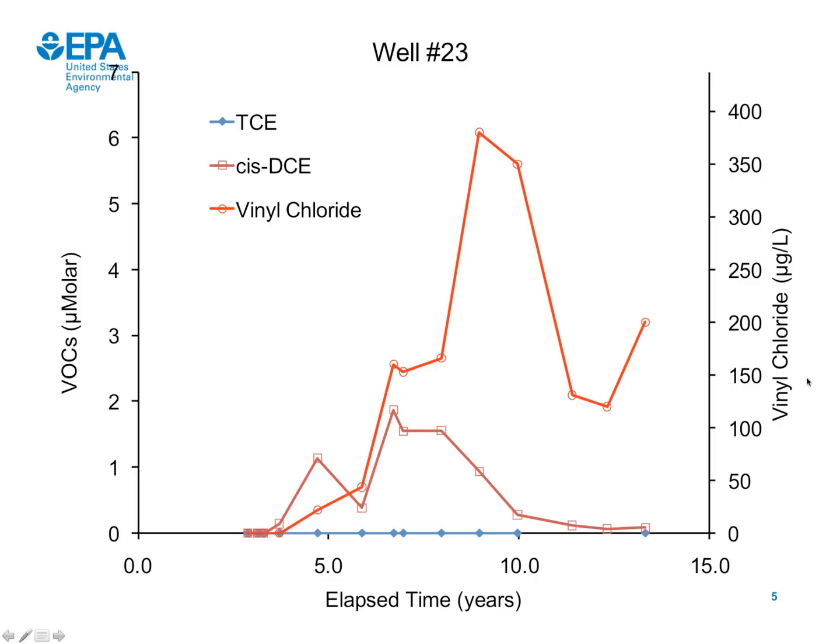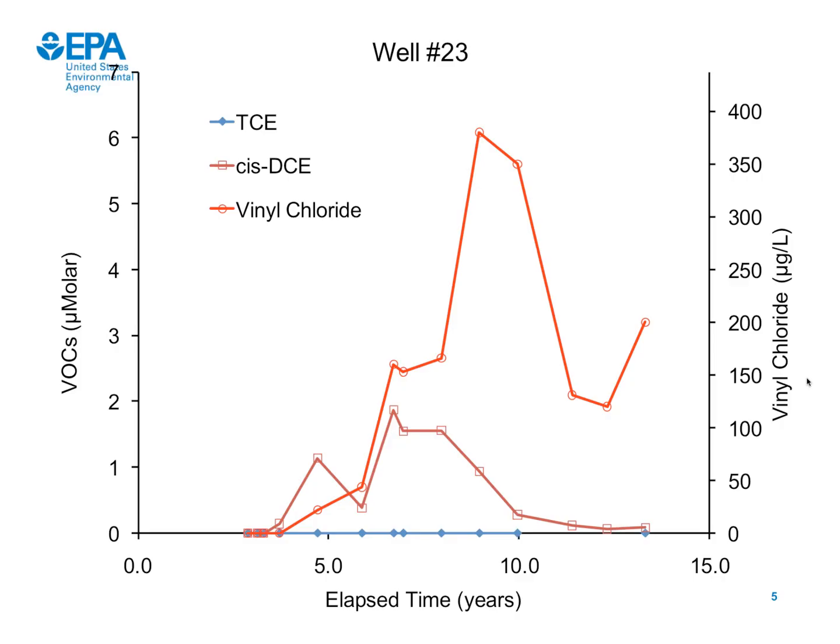So we can see for well 23 that by the time they put in the monitoring system, TCE was already essentially gone. Concentrations of cis-DCE and vinyl chloride increased over time initially, then concentrations of cis-DCE declined while concentrations of vinyl chloride continued to increase.